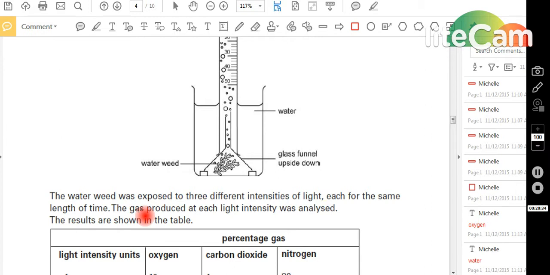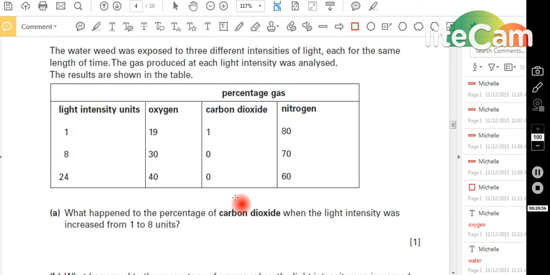So the same time for each one of those 3. The gas produced at each light intensity was analyzed then. Okay, so then they've taken the gas that was produced during that section of photosynthesis, and they had that analyzed. Sorry guys, my tongue keeps on twisting this morning. The results are shown in the table below.